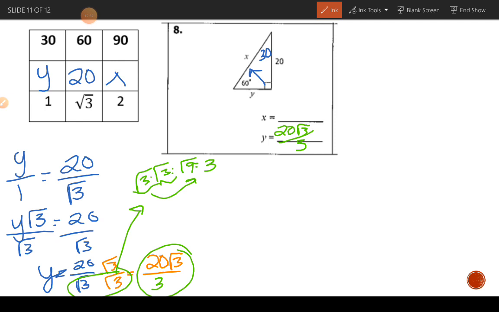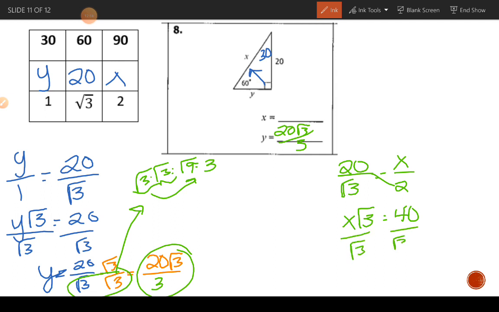So for x, we have 20 radical 3 over radical 3 is equal to x over 2. Cross multiply. x radical 3 is equal to 20 times 2, which is 40. Again, divide by radical 3. I get x is equal to 40 over radical 3.